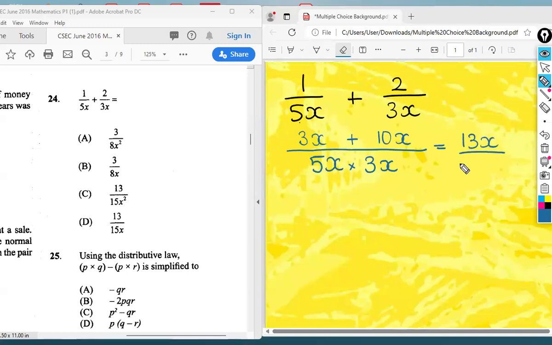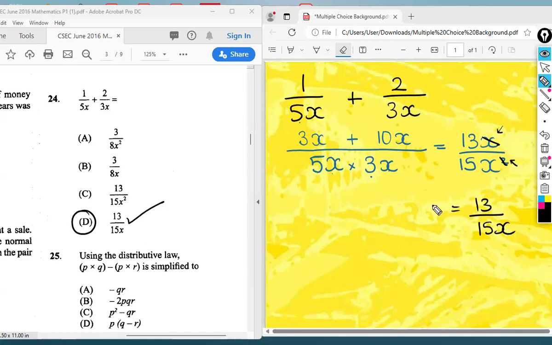And now the underneath, you could simplify it: 5 by 3 is 15, and x by x is x squared. But you don't see that answer anywhere here. Then you realize this could simplify. The top has an x, and the underneath has an x squared. So one of the x on top will cancel out with the squared, because x squared is x by another x. So you end up with 13 on 15x, which is D. D is the answer.